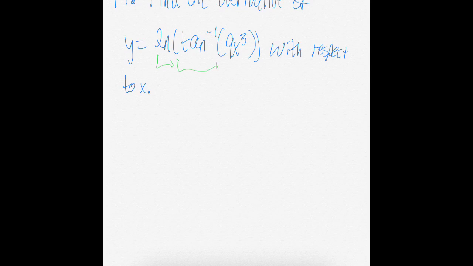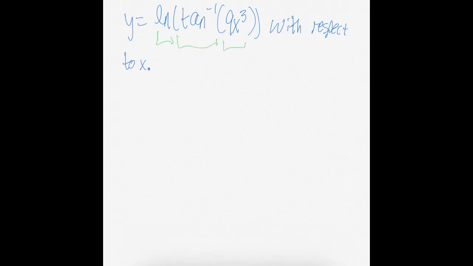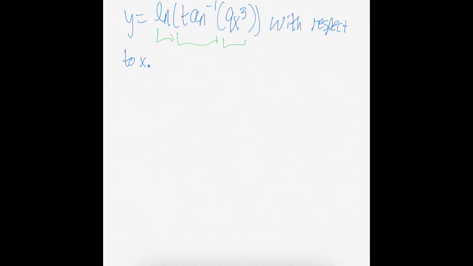So again, holy smokes, it looks like I've got 3 functions going on here. I've got this ln, then within that, I've got arctangent, and within that, I've got 9x cubed. Holy cow. So we're going to have 3 functions to do chain rule with. So let's go ahead and get going.